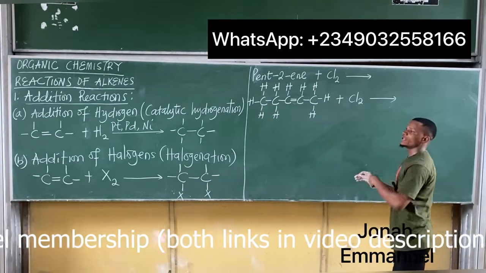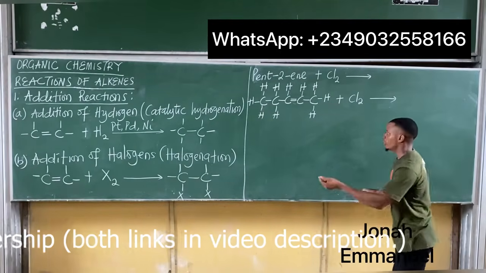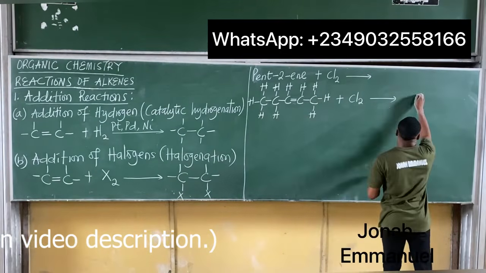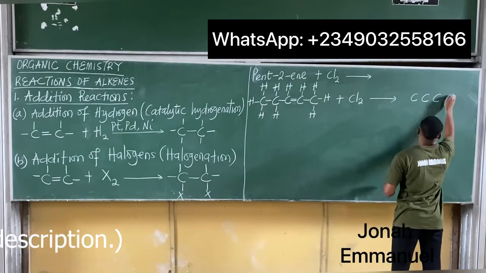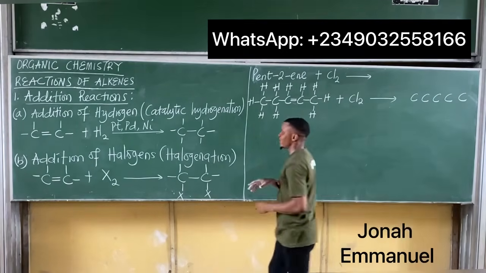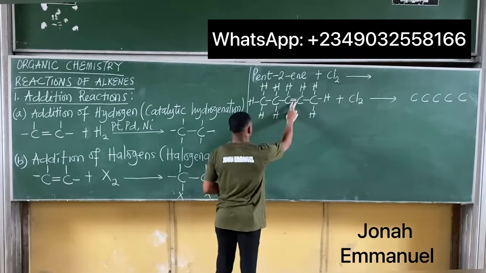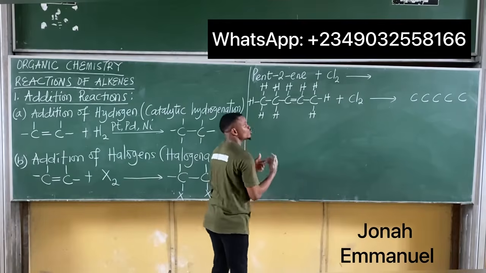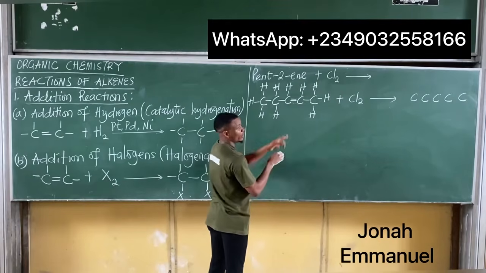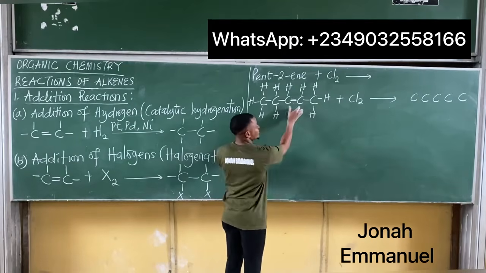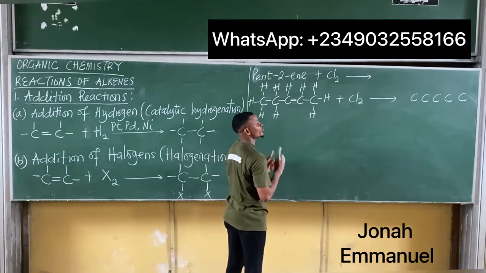By corresponding, I mean the same number of carbons, so 1, 2, 3, 4, 5. That's my first task. Number two, observe that when the double bond breaks, your halogens will attach to the two carbons that were bearing the double bond. In this case, it was carbon 2 and 3.